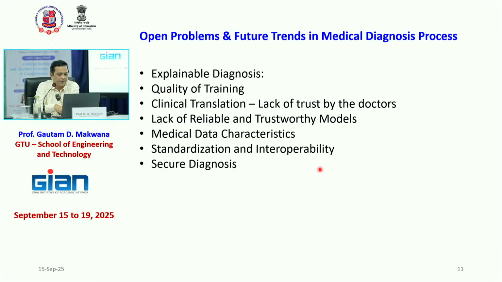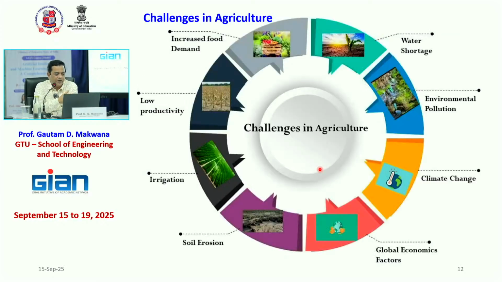Okay, medical application. Now, the second domain I am talking about is agriculture. Everyone has work experience in the surroundings regarding smart agriculture. Still, for many reasons we are not able to bring AI into agriculture.